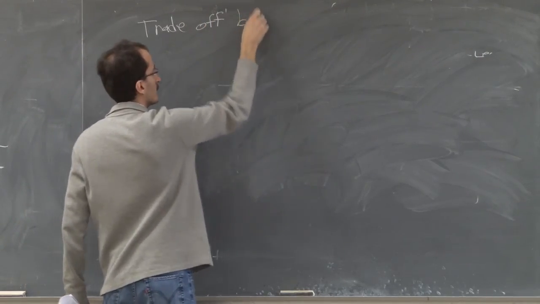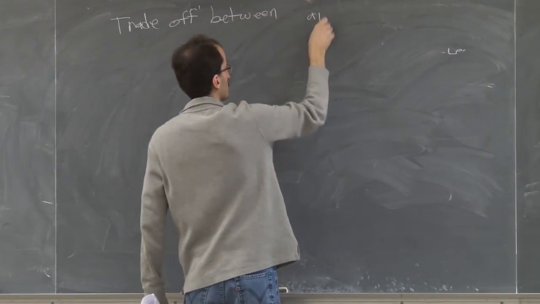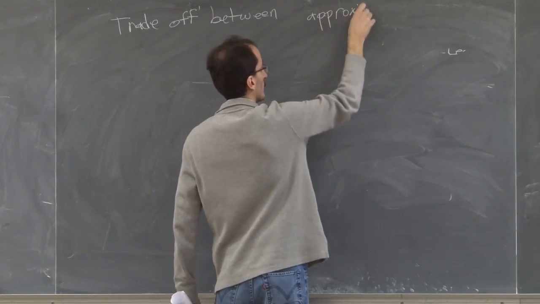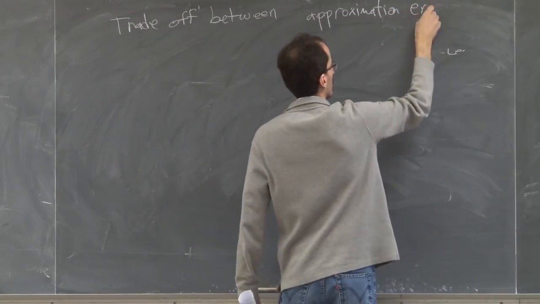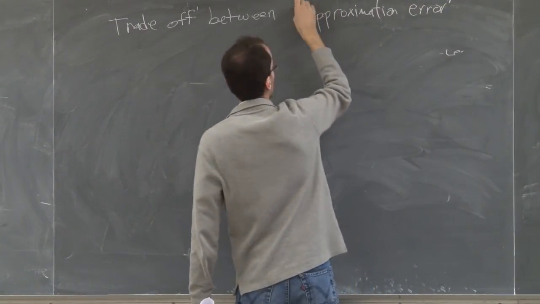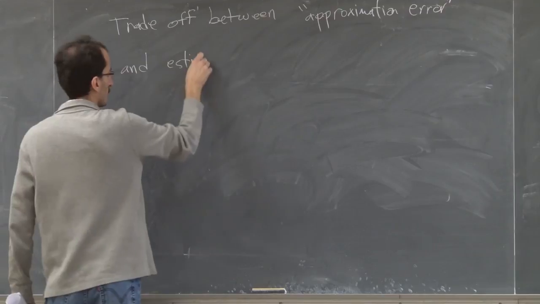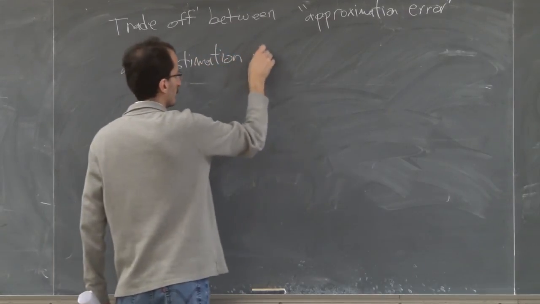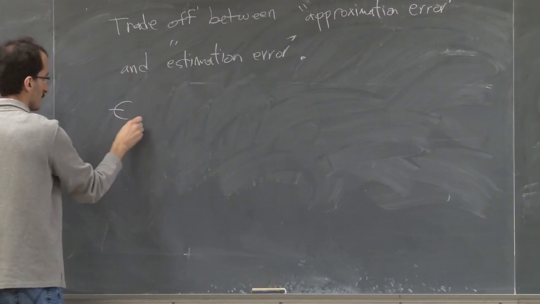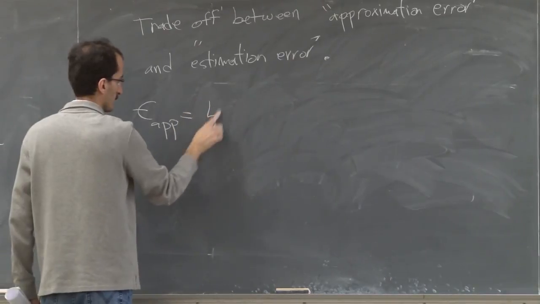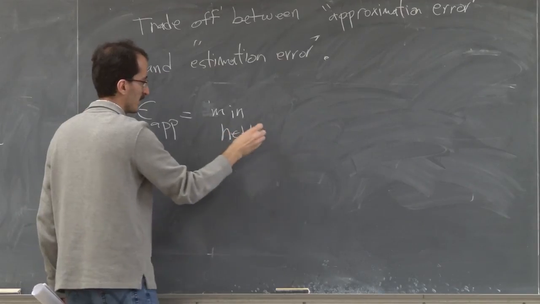The trade-off between approximation error and estimation error. So approximation error is the error of the best hypothesis in our class.